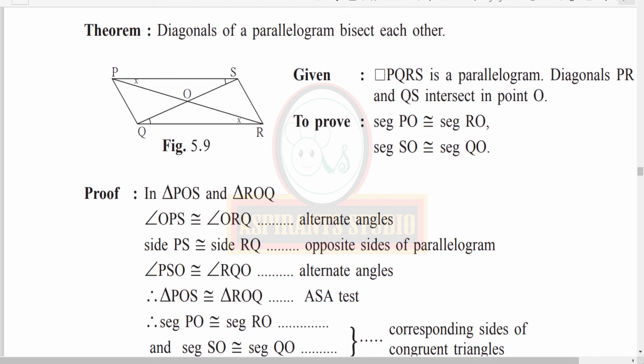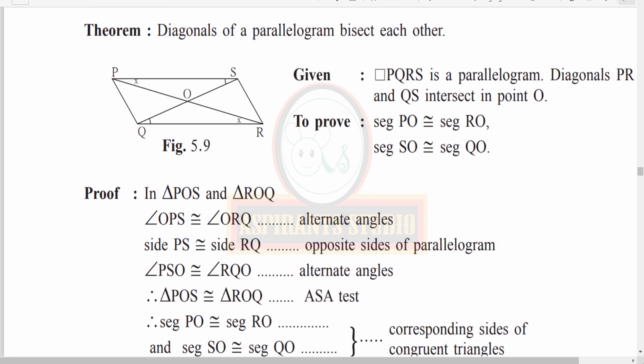Similarly, in the other triangle, side RQ is the included side between the angles ORQ and RQO. So the ASA test, angle side angle, can be applied here. By the ASA test, triangle POS is congruent to triangle ROQ.